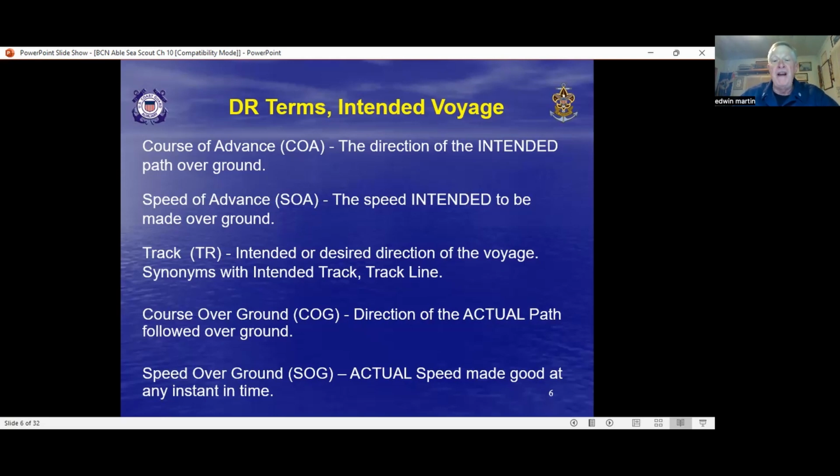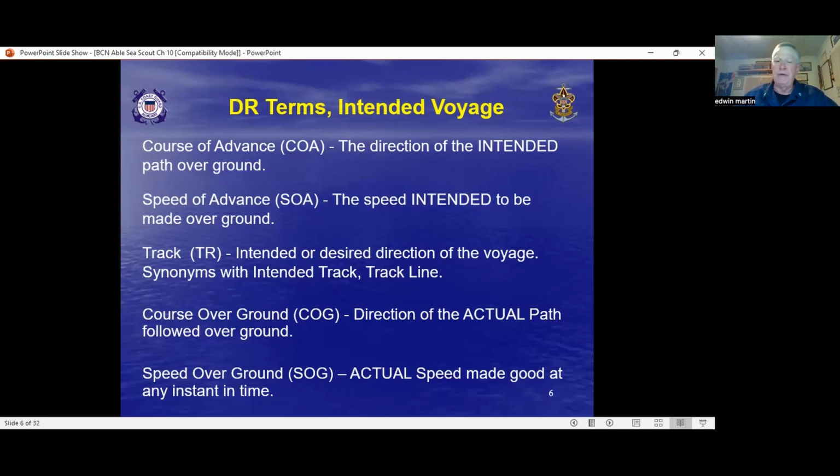The speed of advance, the same thing. It's what you intend to do. The track is your intended voyage. That's your track line, the one that we'll be drawing a little bit later. Course over ground is the actual, as is speed over ground, actual.